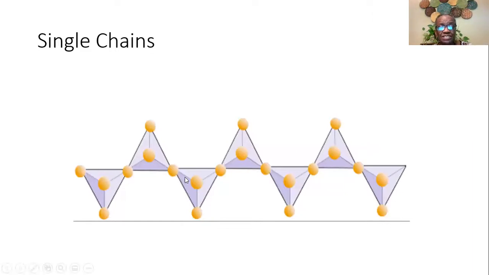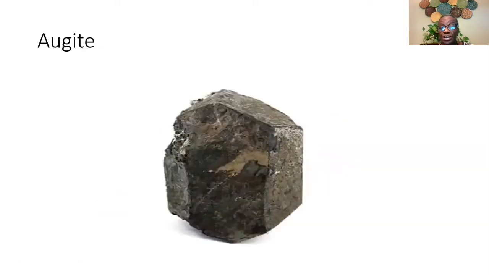Each one of these is an example of the silicon oxygen tetrahedron that's in a single chain. And here's an example of a mineral, augite. Now, as you read within chapter 2 of your textbook, you may see the term pyroxene instead of augite. It's the same thing. It's a silicate mineral that is single chain tetrahedron.